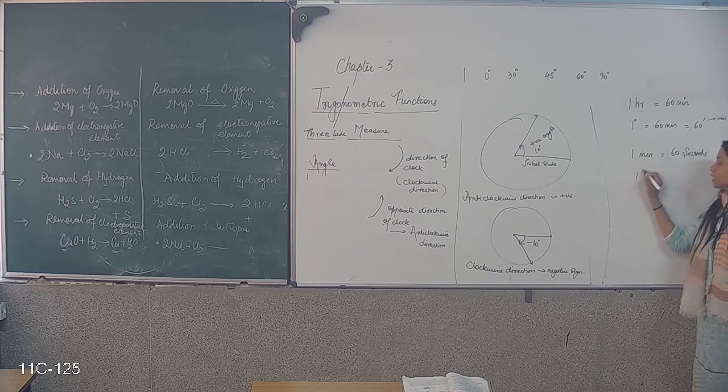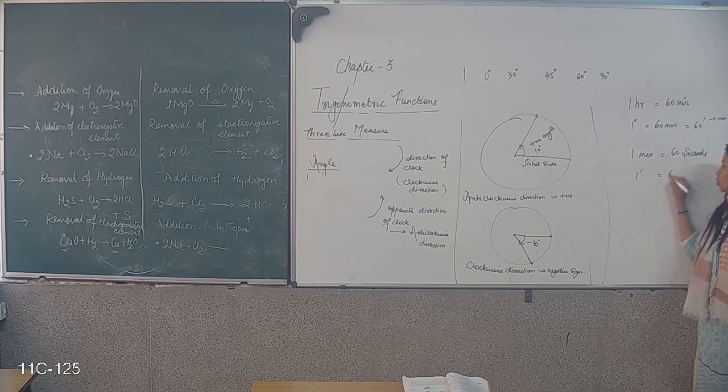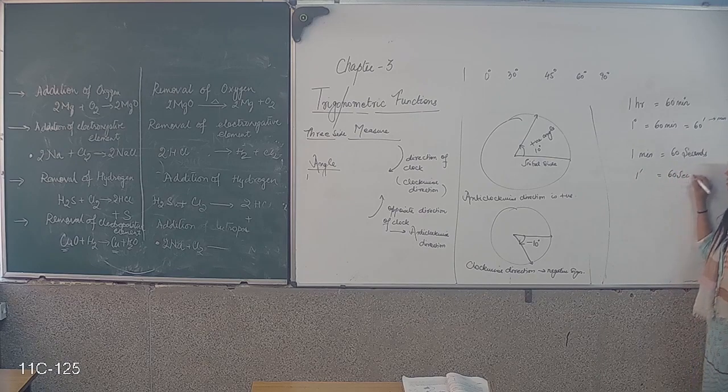And 1 minute is equal to 60 seconds, which is 60 with a double dash. So a single dash means minute, and a double dash means seconds. Same conversion: 1 degree has how many minutes? 60 minutes. And 1 minute has how many seconds? 60 seconds. So now you can pause the video and write down the angle.